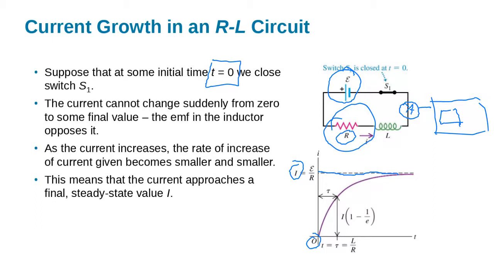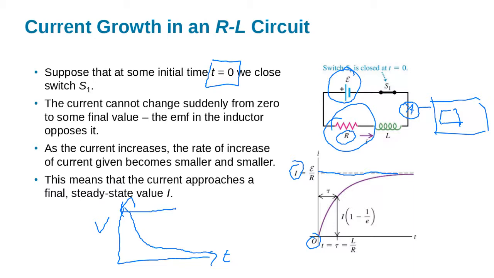A typical normal exponential decay, if we've got some time and some value, whatever it is we're looking at, an exponential decay looks like this. The growth we have in an inductor is just this flipped around.